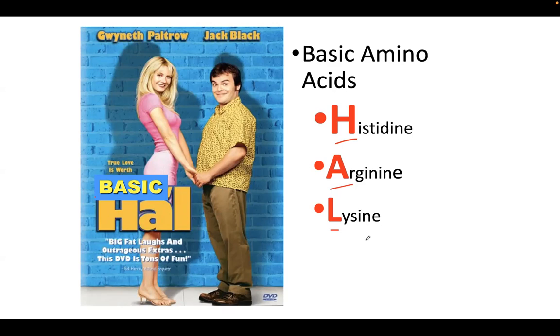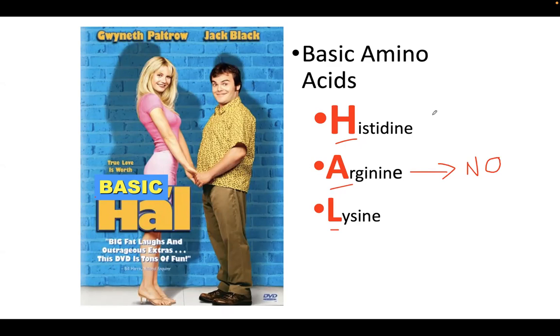Now question, which of these basic amino acids is the precursor of nitric oxide? Very good. It is arginine. Arginine is the precursor of the very potent vasodilator nitric oxide.